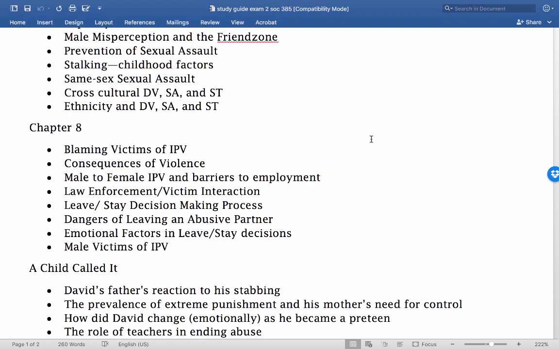When it comes to same-sex sexual assault, obviously we don't really know statistics-wise as much as we should, but this is still an issue that does occur. It just becomes more difficult when police have to try to, we're talking about how there's mandatory arrest in a lot of situations.